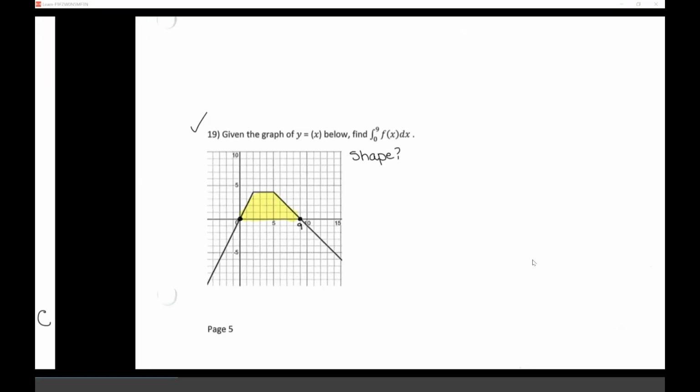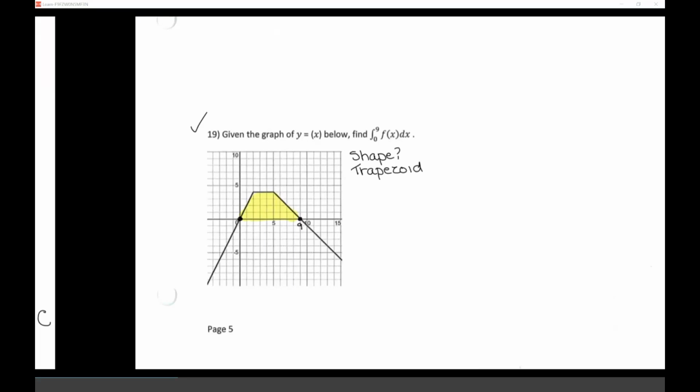Huh? Okay, it's called a trapezoid. Dang it. I was going to say that, but I thought I was wrong. You've got to trust yourself. Yeah, trust yourself.